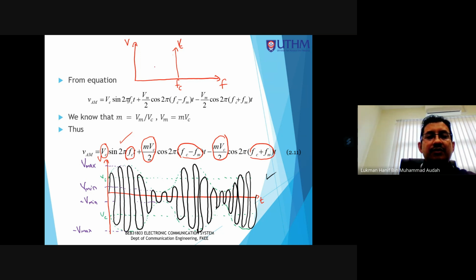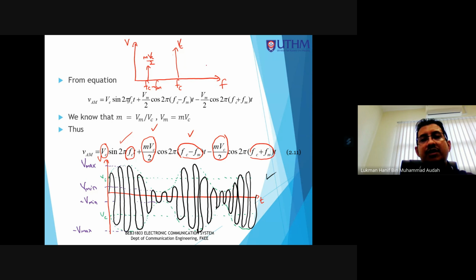Then I can also draw the lower sideband, which is located at FC minus FM, and the amplitude is MVC over 2. So in this case, this is MVC over 2.